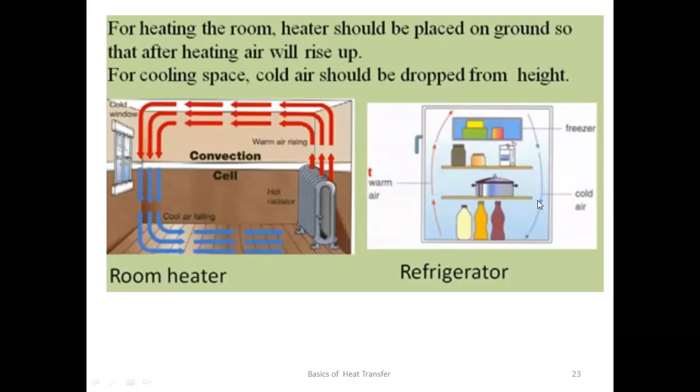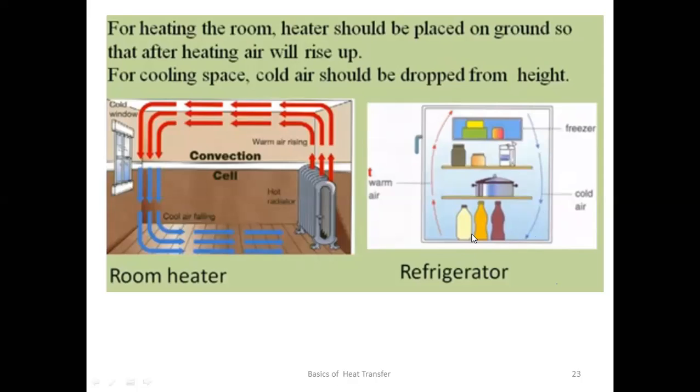You can see in a refrigerator the freezer is always kept at the top side, because when the air rejects heat, it becomes cold, and when it becomes cold its density is larger, so the high density air molecules go to the bottom side.